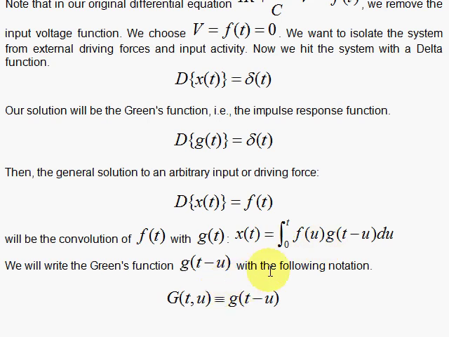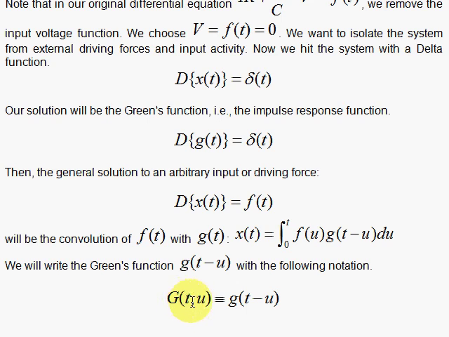So the Green's function we can write as this G at t minus u, and we're going to define a new notation, capital G, with two arguments. So don't confuse this capital G with a Laplace transform. That would be, for example, capital G of s. But here I have two arguments, so that should be the clue when we're talking about the Green's function.